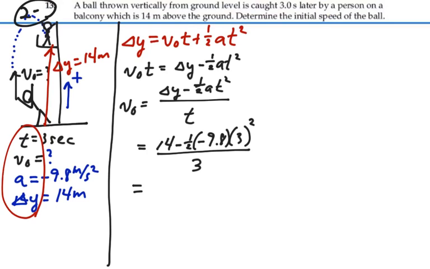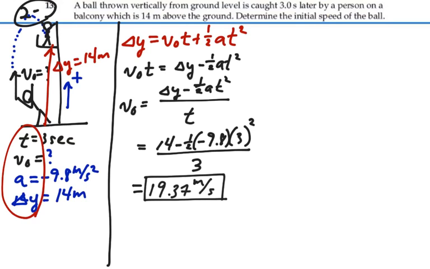And what do we have? I have 19.37 meters per second. So that was our initial velocity when we threw the ball. Nice to know, and that's the answer to the problem.